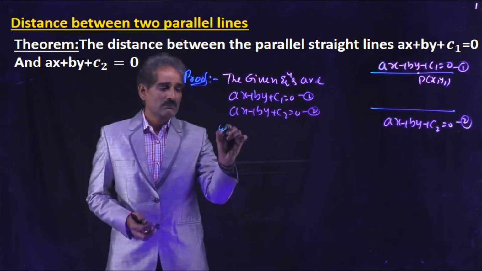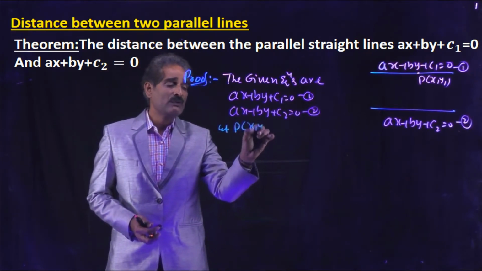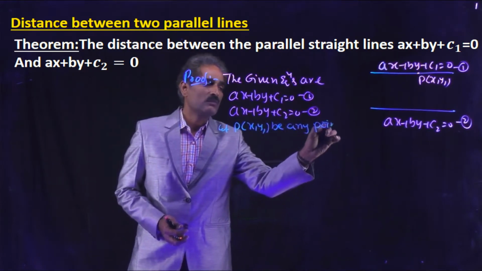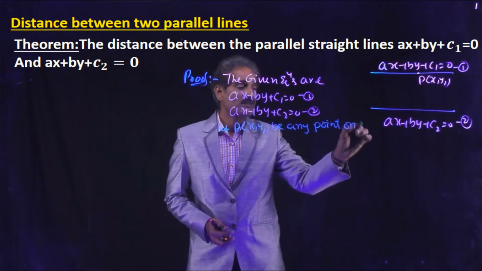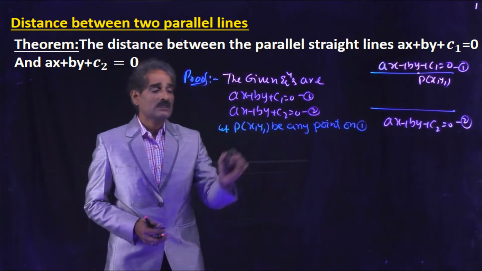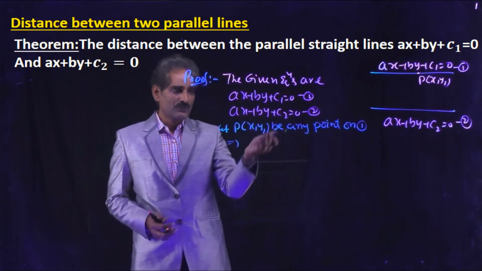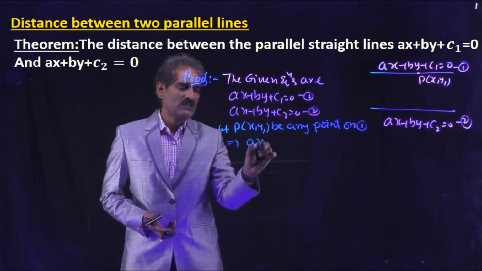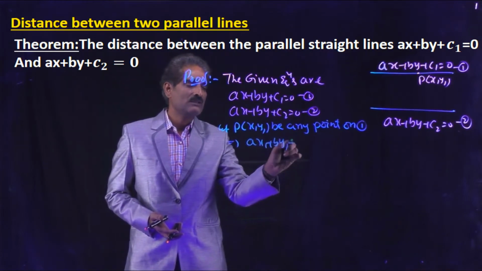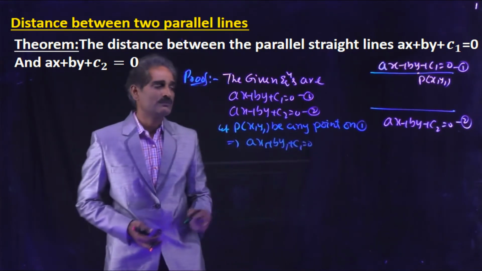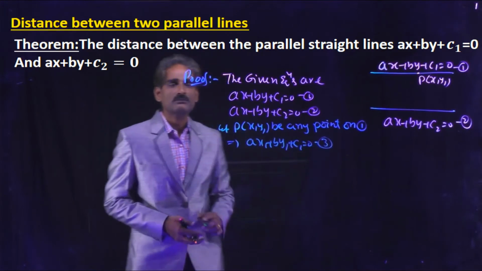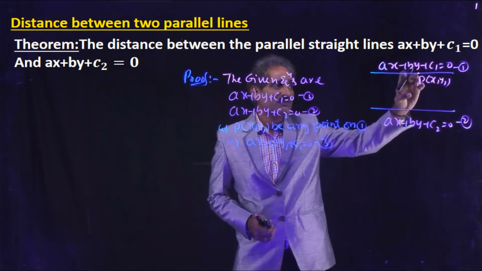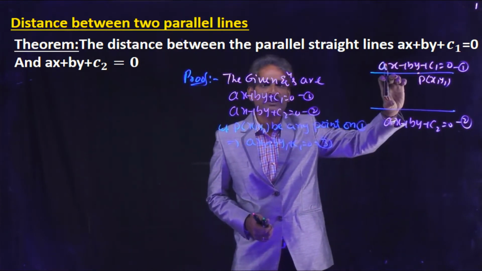Let P (x1, y1) be any point on the first line. This implies, if the point lies on line 1, it satisfies the equation: ax1 plus by1 plus c1 equal to 0. Let it be 3. Now find out the distance from this point to this line. The distance from this point to this line is nothing but the distance between them.